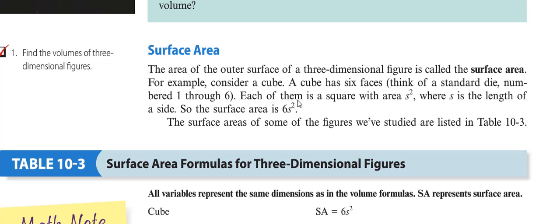That's the question that someone is asking if they ask you to find the surface area of a solid. So to find the surface areas of solids, we use formulas.